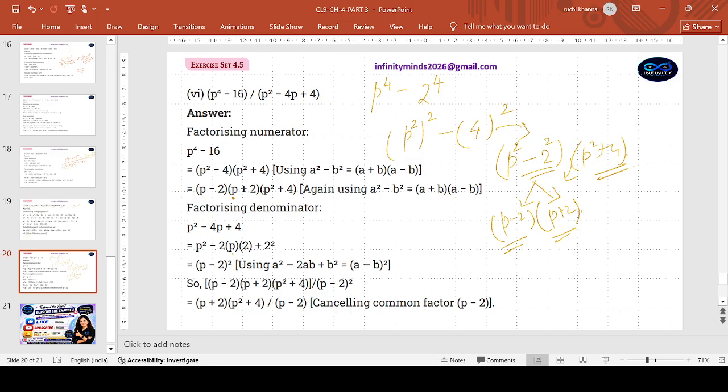So this is nothing else but p minus 2 whole square. One of the p minus 2 shall cancel and the rest of the things are your answer. This is your numerator, children, and the denominator will be p minus 2 whole square. One of the p minus 2 shall cancel. So p square plus 4, p plus 2 divided by p minus 2.